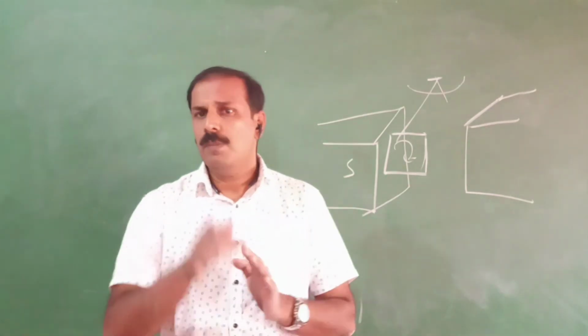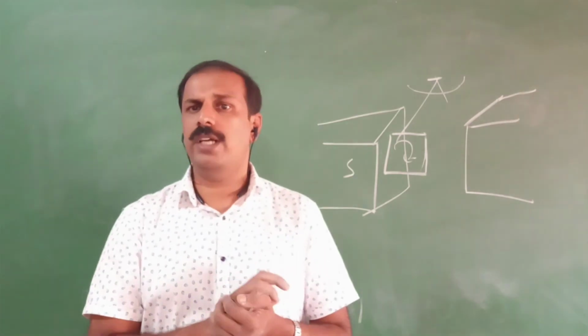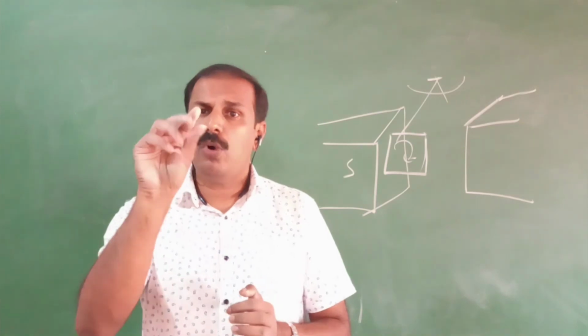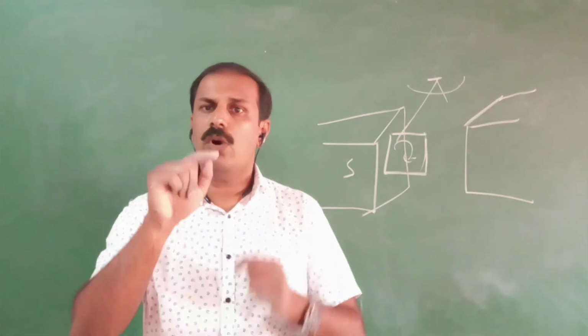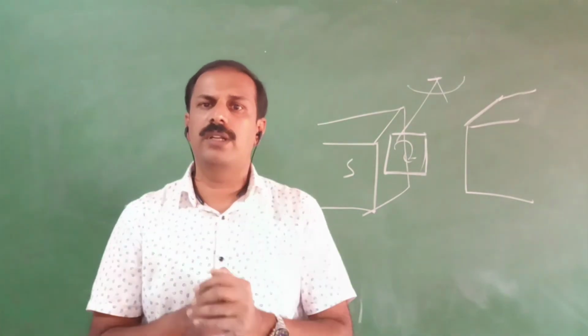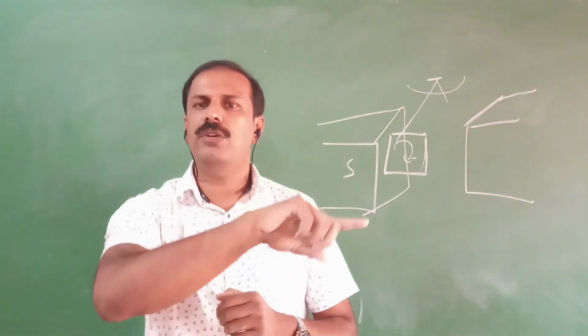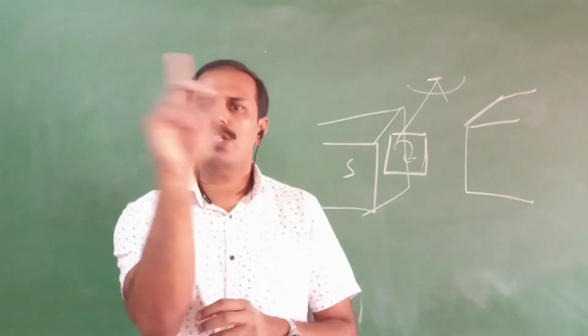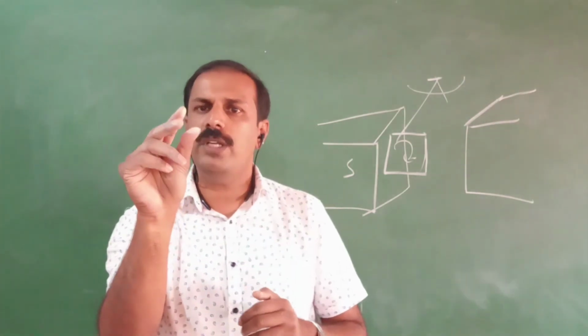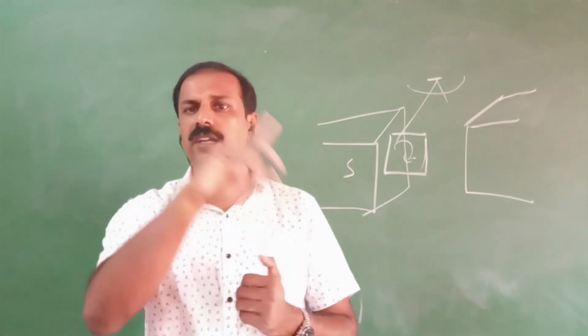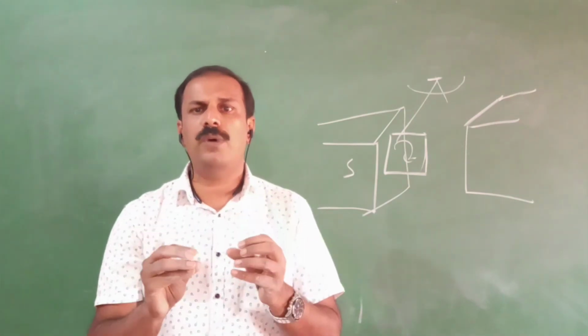And another one, previously we discussed, when we discussed about the moving coil galvanometer, we have a core inside. Center one core is there and the coil was over that one. So when the needle is moving like this, once the needle starts moving, it will continuously move. So we have to stop it. So the eddy current formed in that core, that is helping the needle to stop, or we can say it is used for damping.